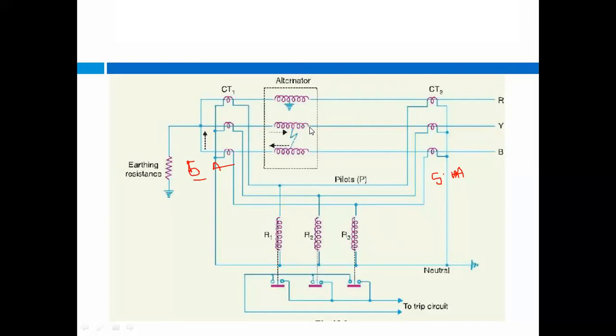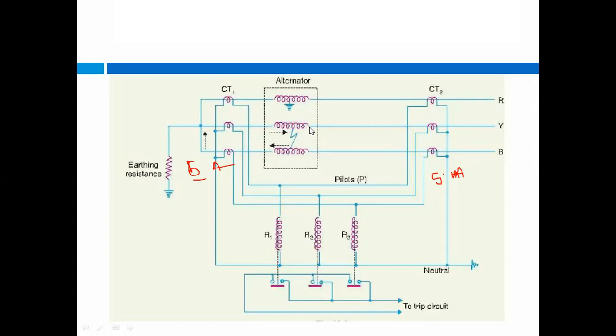So whatever CTs are used, they will also have different turns ratios.